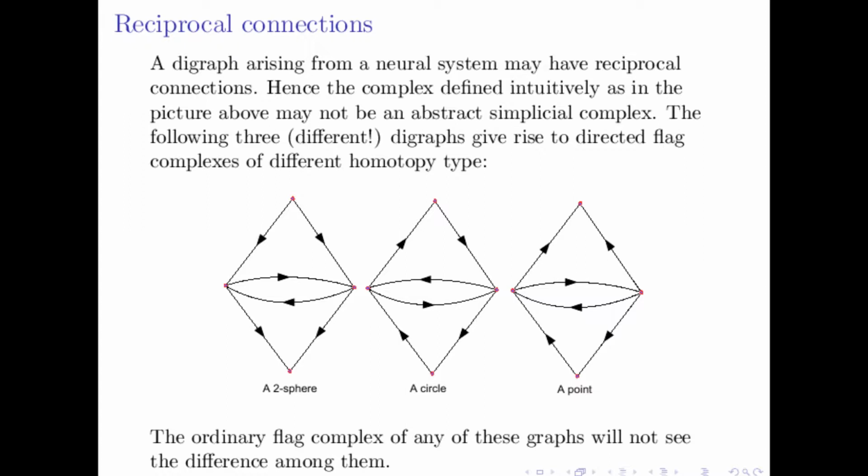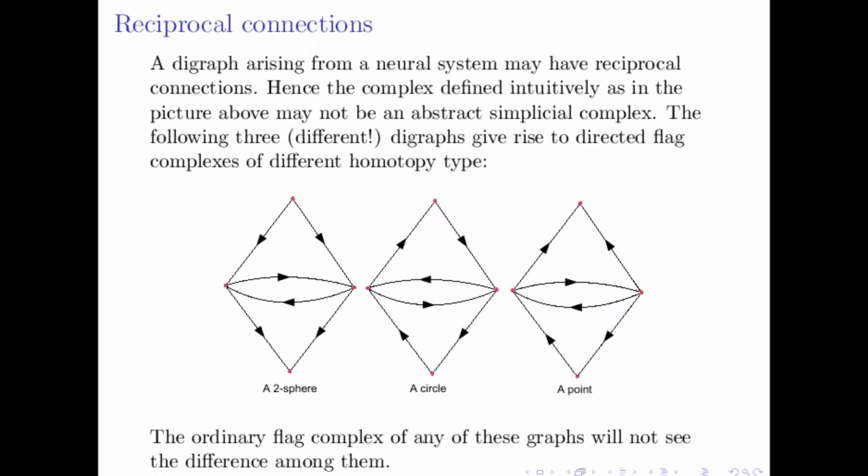We could do that if you have, for instance, more than one synapse, and you normally would have more than one synapse. But we don't do that. We only ask the question, are two neurons connected to each other? So these three graphs will be exactly the same. They have no directionality, and we'll have only one edge here. And so when you take the flag complex, you just get two triangles attached to each other.